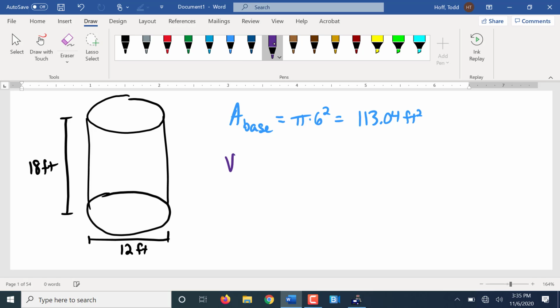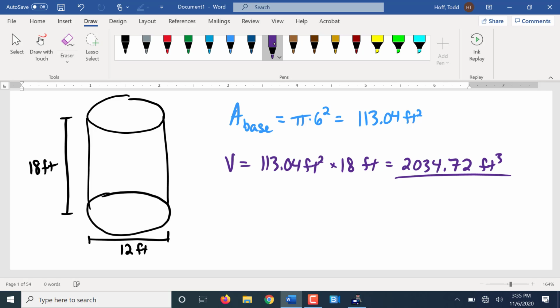So then to find the volume, what do we do? 113.04 square feet times 18 feet. What's that give us? 2034.72. That's cubic feet. Any questions on that?